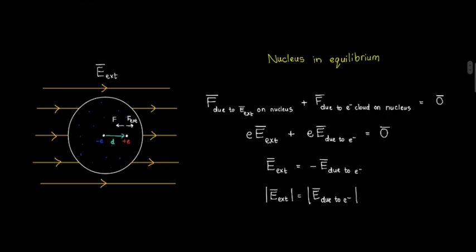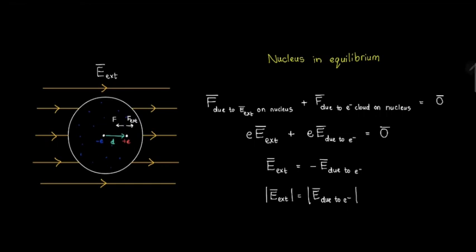I'm not applying a very high electric field, in the case of which this nucleus would get displaced in such a way that d will become greater than the radius of the atom. That means the atom is going to get ionized and the electron and the nucleus will get separated. We are not applying such high fields. We are applying a normal electric field, so this d is smaller than a.